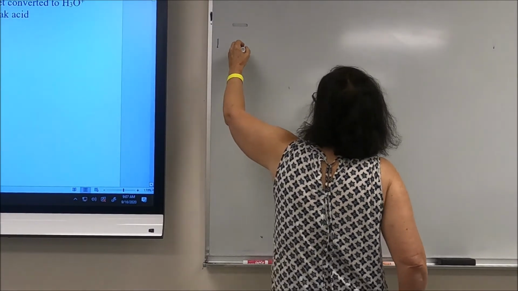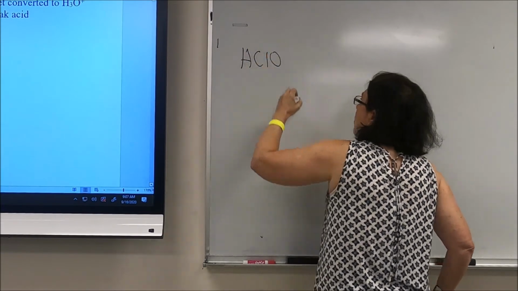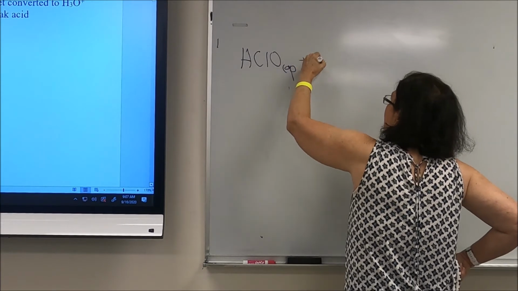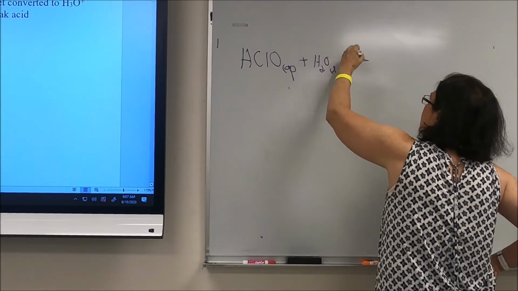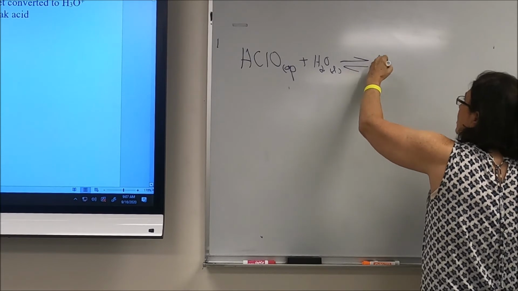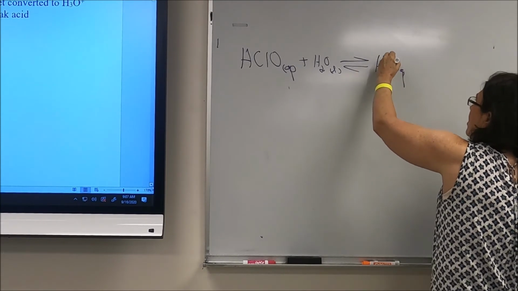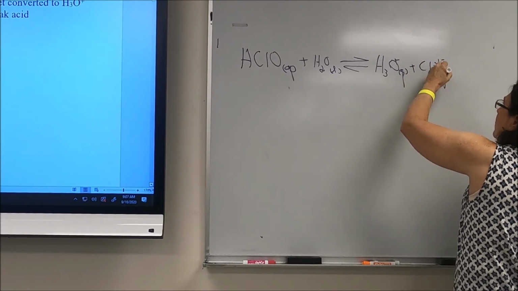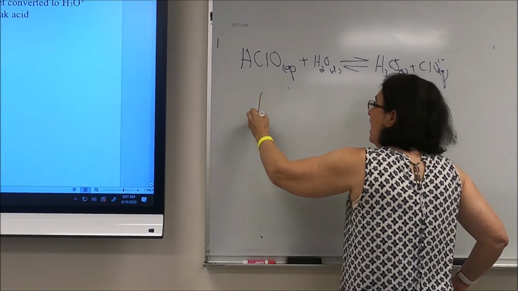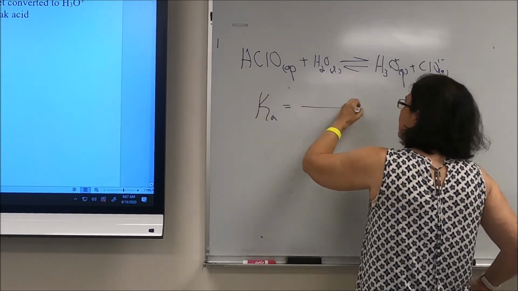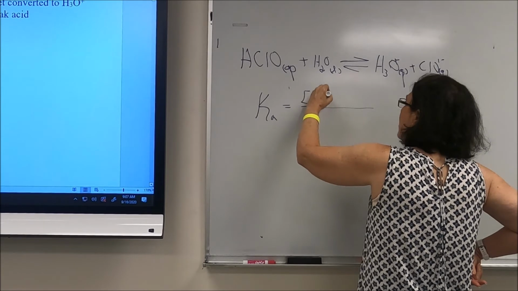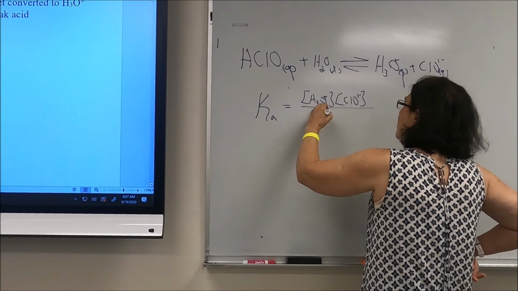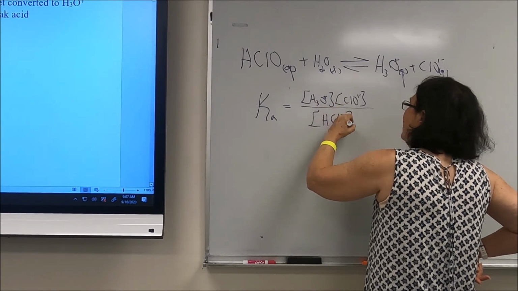So if I've got the acid HClO, hypochlorous acid, aqueous, I bring it in contact with water liquid, double arrows, I'm going to get some hydronium ions aqueous and some hypochlorite ions aqueous. Okay? The Ka for this is just going to be hydronium ion times hypochlorite ion over hypochlorous acid concentration.